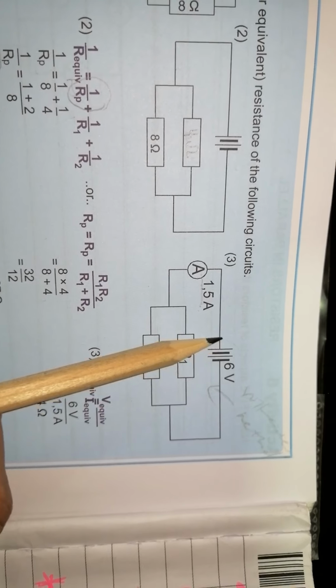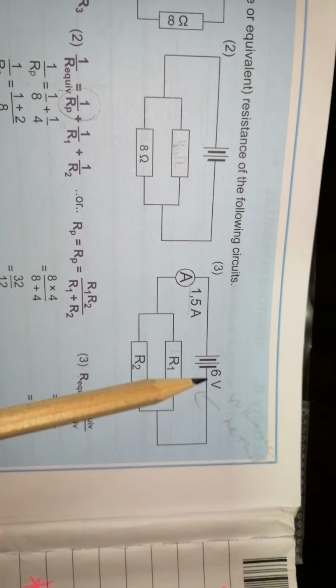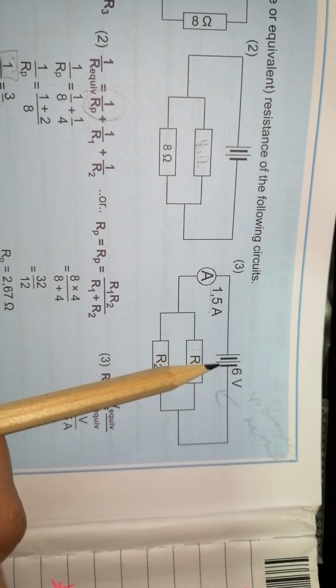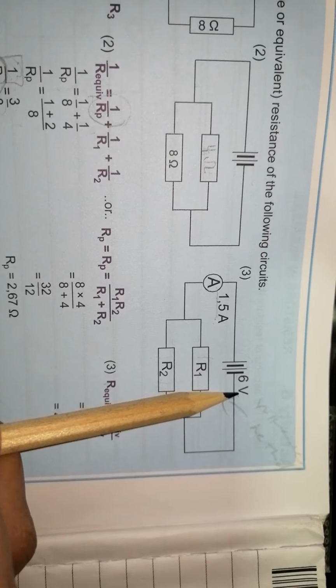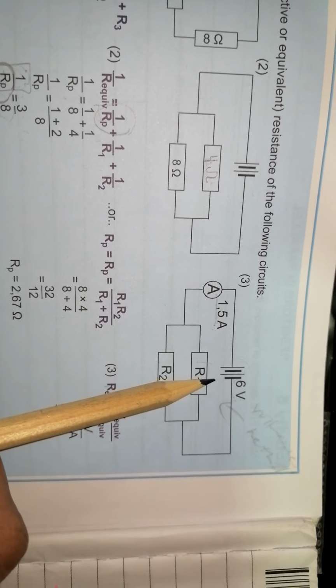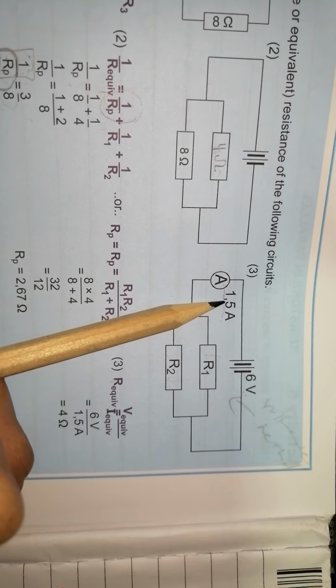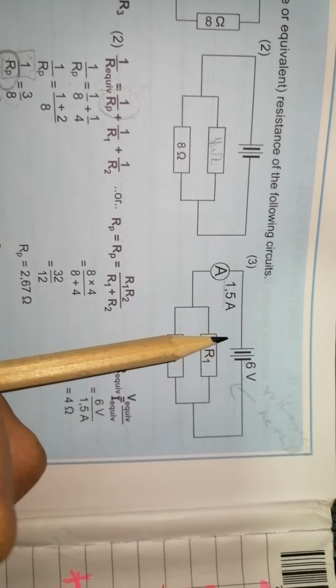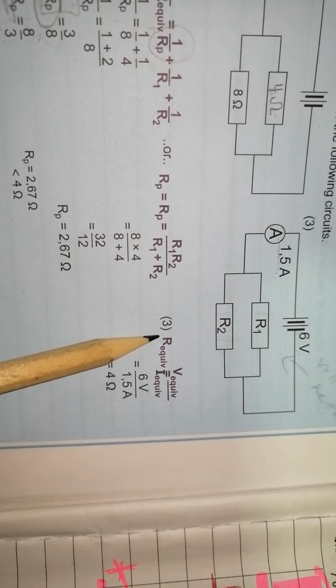And then we also have this battery, which is 6 volts, and we know the voltage of the battery or cell is the total voltage, which means 6 volts is the total voltage. Now, if we have total current and we have total voltage, we can calculate total resistance. And all we have to do is use the formula of resistance, which is R equals V over I. So remember we said before, if you want to work out total resistance, you have to use total current and total voltage.